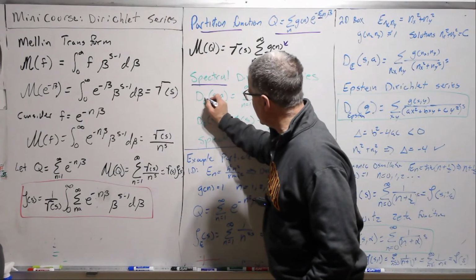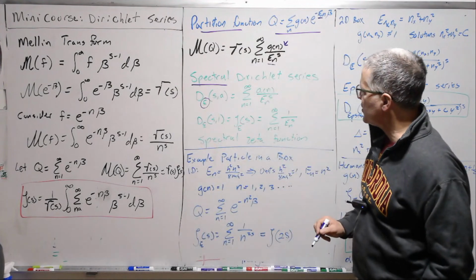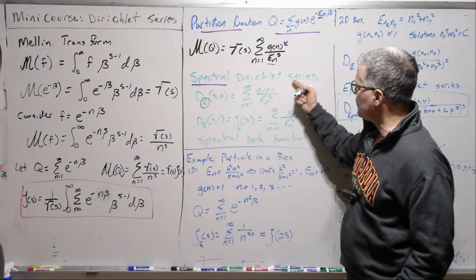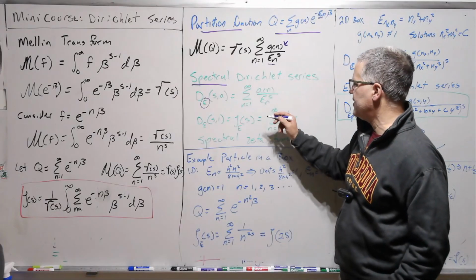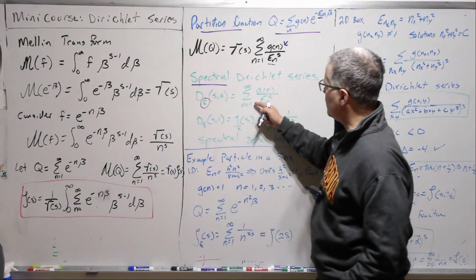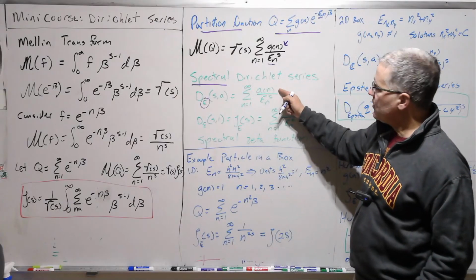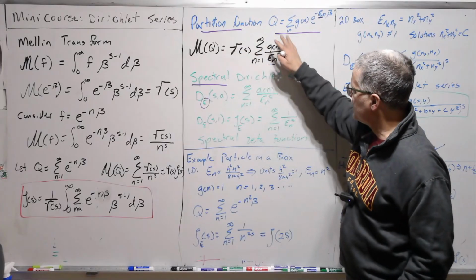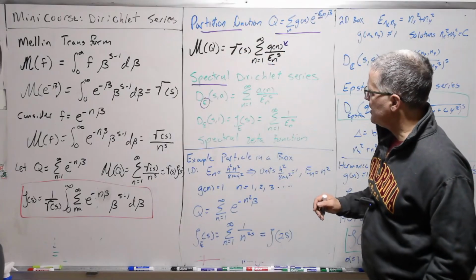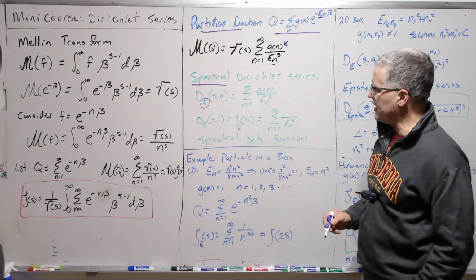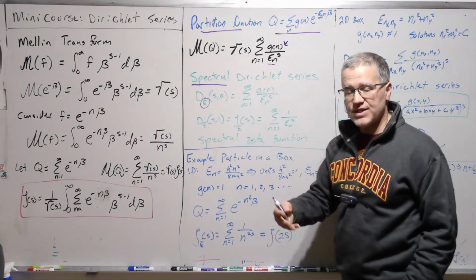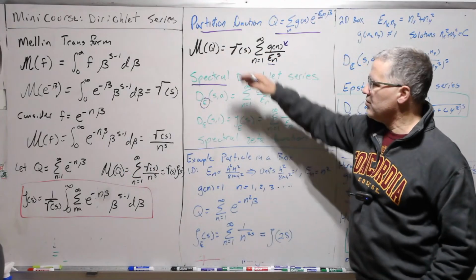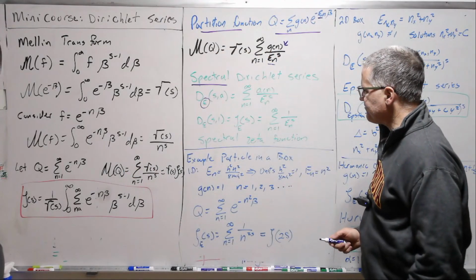We're going to put a little e here as a subscript on the Dirichlet symbol, and we define the spectral Dirichlet series as the sum from 1 to infinity of some Dirichlet coefficients over E_n to the s. So this is going to be just gamma times the spectral Dirichlet series. And so a lot of work is done just on the spectral Dirichlet series just because of this kind of trivial behavior of this gamma out front.